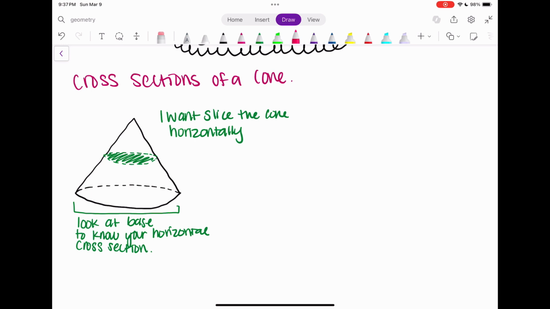That means that every cross section after that, that's horizontal, will also be a circle. So if I were to take another cross section below the green one, I would also have another circle as a cross section. So let's go ahead and write down my cross section is a circle.